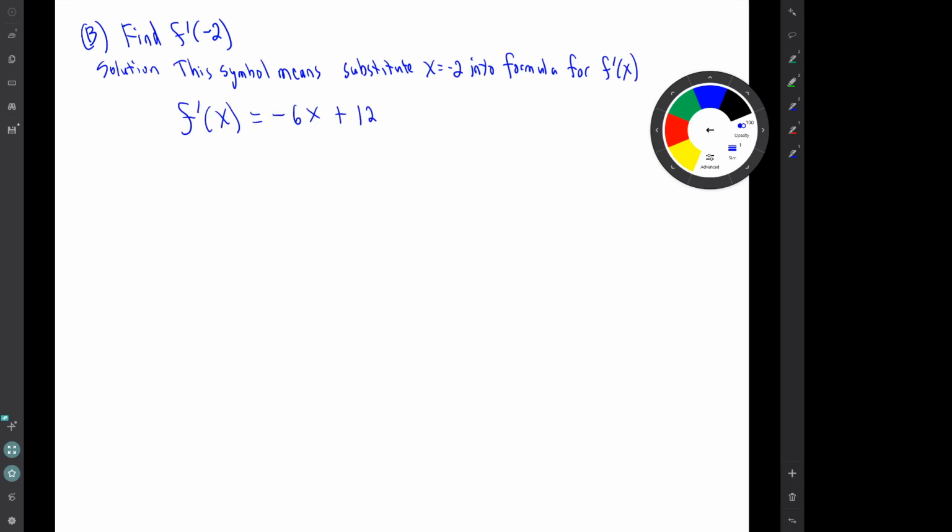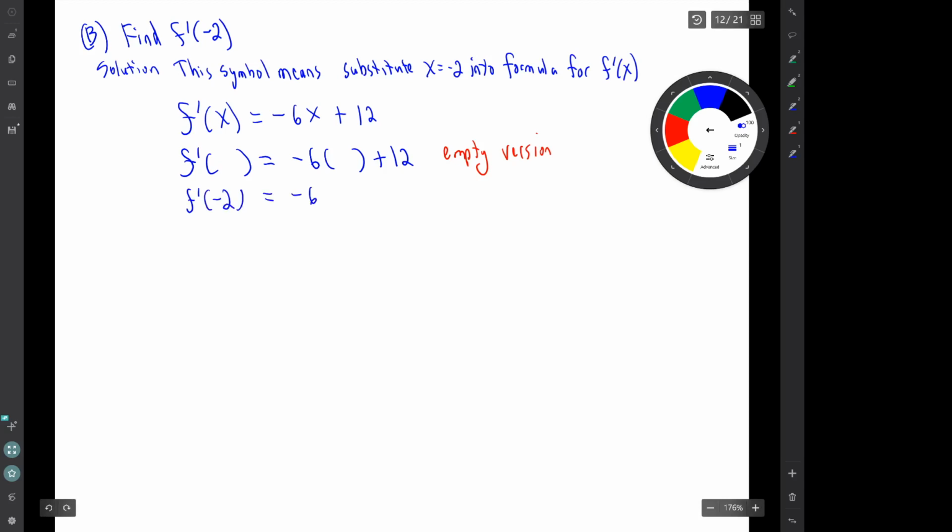So there's our formula for f prime of x. We have to substitute in x equals minus 2. Let's start by getting the empty version of f prime of x. So the result is that f prime parentheses negative 2 equals 24.